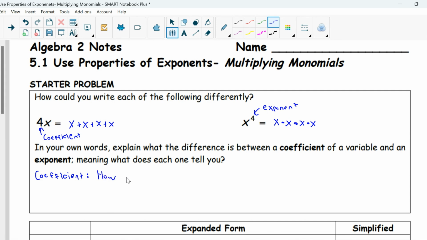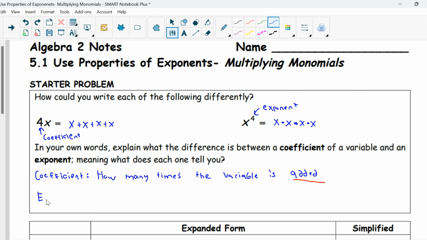So how many times is the variable being added? Addition is the big idea with our coefficient.